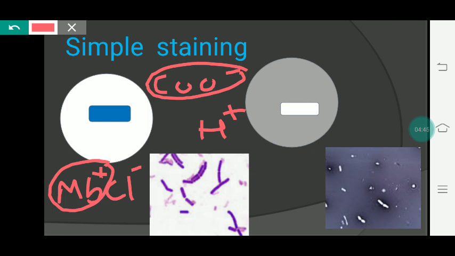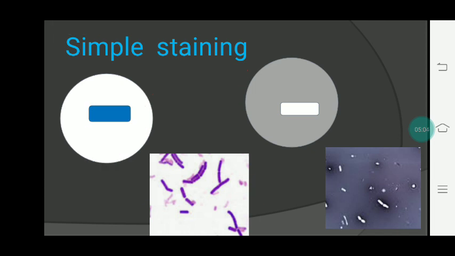What happens here is, after ionization, the acidic cell wall surface is stained by the basic dye, so the bacteria stain with methylene blue. Clear? What happens here is ionization of the bacterial cell surface. The bacterial cell surface becomes negatively charged and our dye is positively charged, so it stains the bacteria.